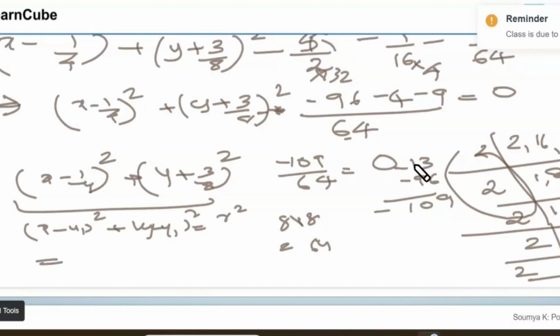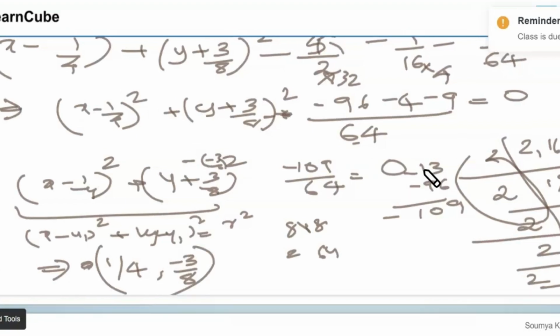In that case your x1 will be 1 by 4 and y1 will be minus 3 by 8, because that is y minus y1, here it is plus, so minus into minus 3 by 8 you can write. This is the coordinate of your center, 1 by 4 comma minus 3 by 8.